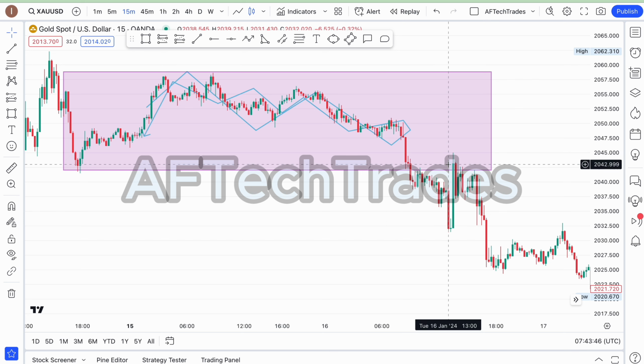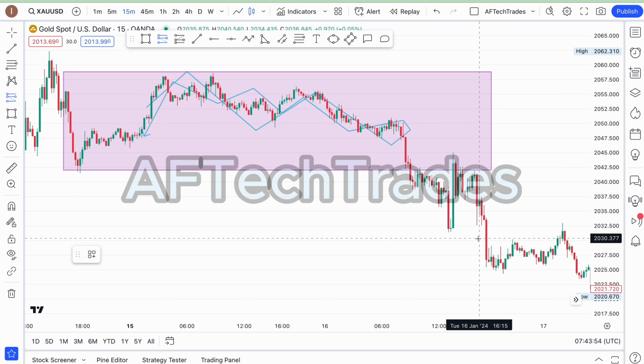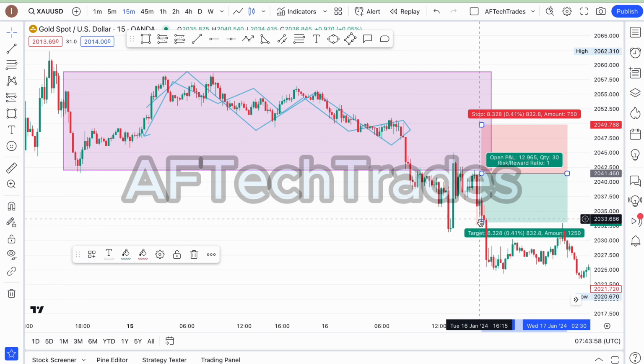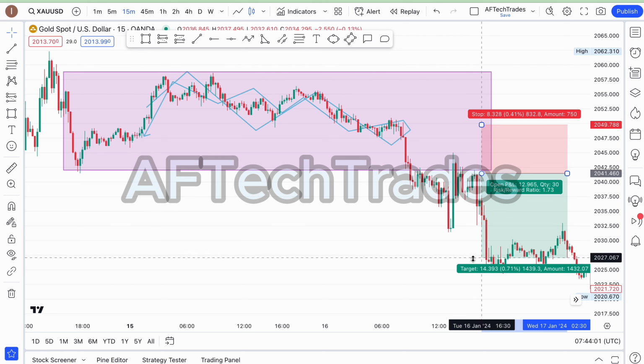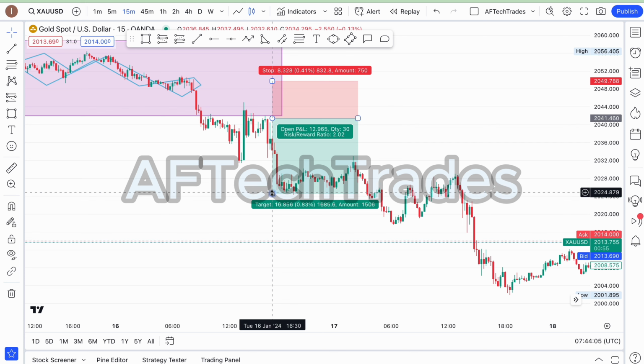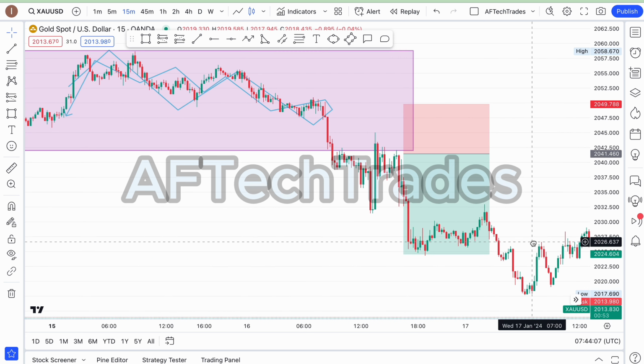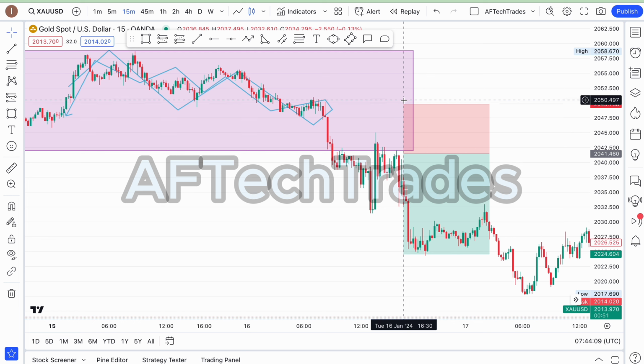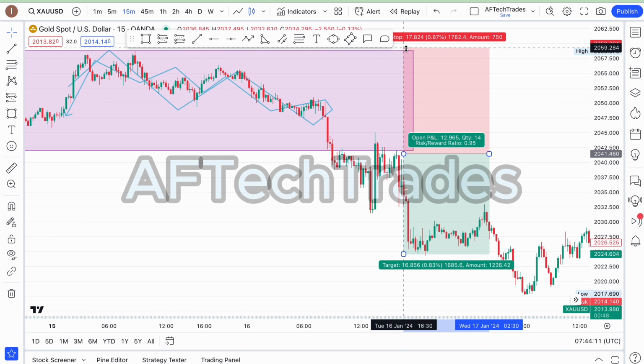So what do you want to do after you see a breakout and a retest like this? You enter this market. Let's enter for a short, right? You enter for a short, just like this. And what would be your target? Let's say your stop loss is as high as 17 pips, for example.